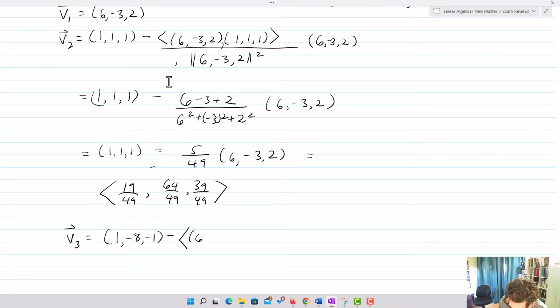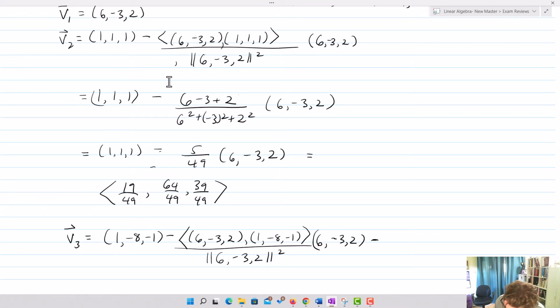That's V1, (6, -3, 2), dotted with (1, -8, -1), divided by the magnitude of (6, -3, 2) squared, and then multiplied by (6, -3, 2). Then we're going to subtract from that the orthogonal projection of X3 onto V2.